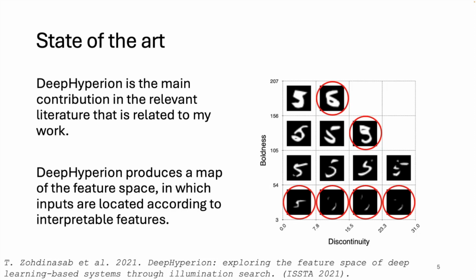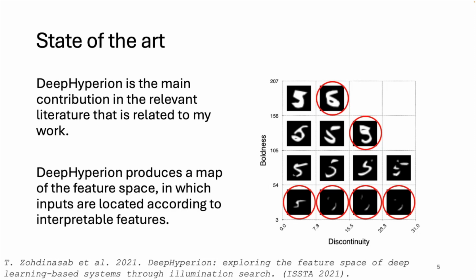For example, in this case, taken from the MNIST dataset, handwritten digit recognition, we have a manual assessor establishing that those features are, for example, boldness and discontinuity, and the inputs are then spread on that representation, with, for example, the inputs causing a misbehavior being highlighted with a red circle.